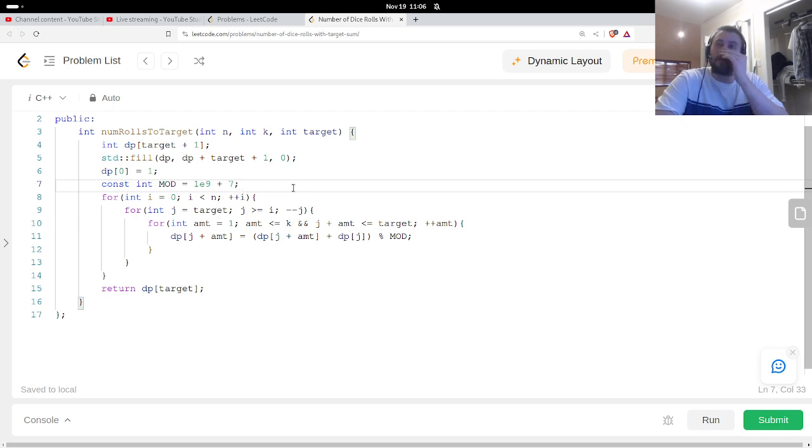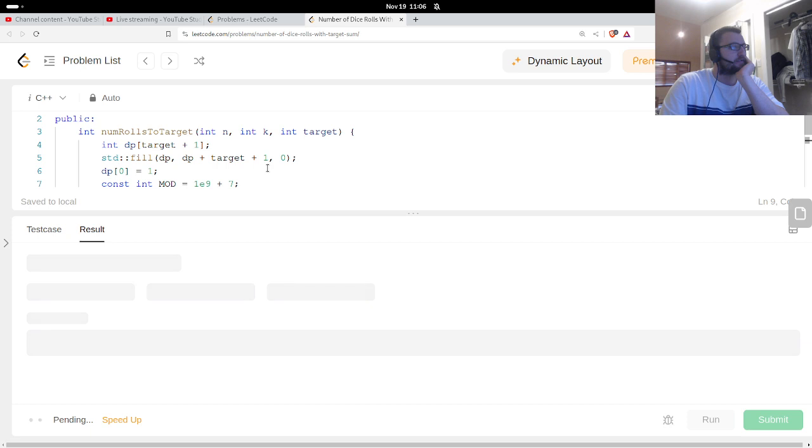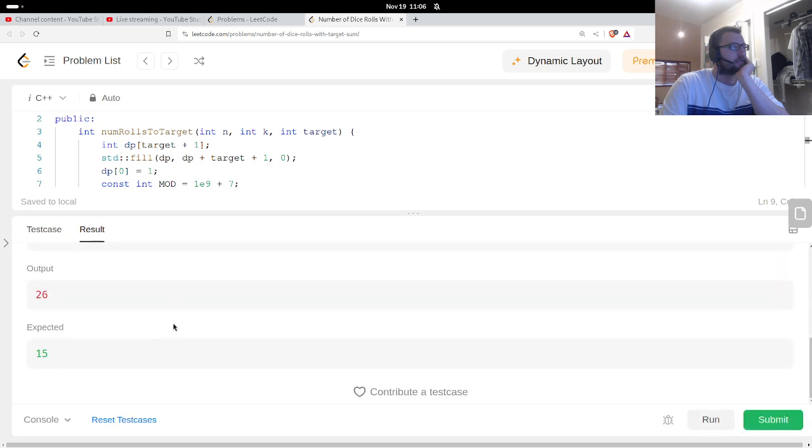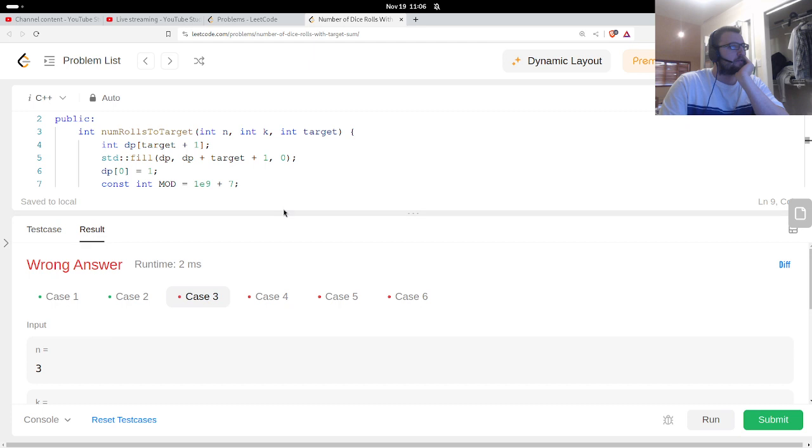The problem is that this assumes that you can basically start with 0 dice. I mean, what about this one?